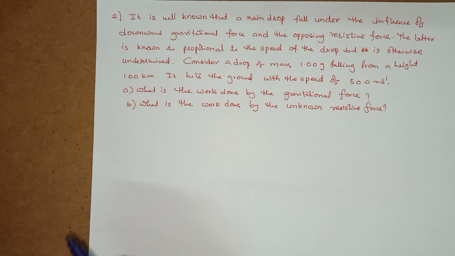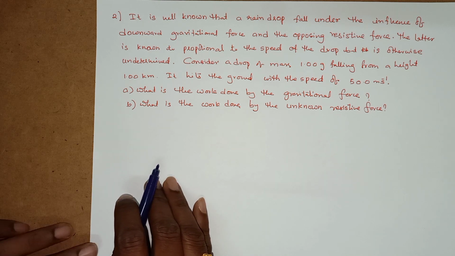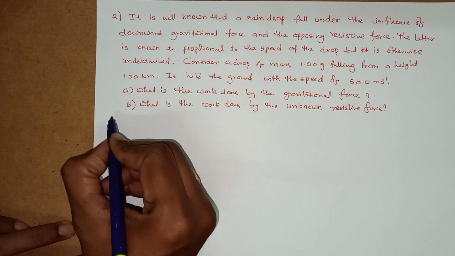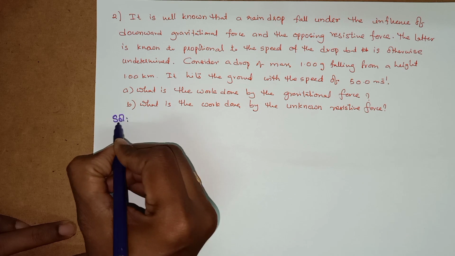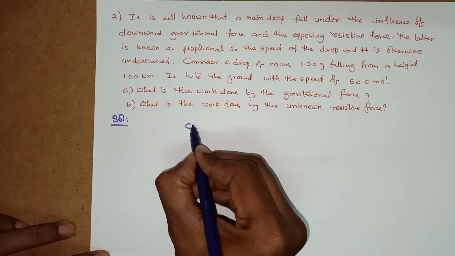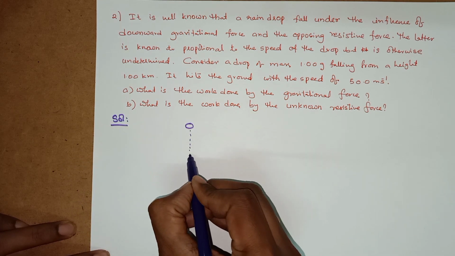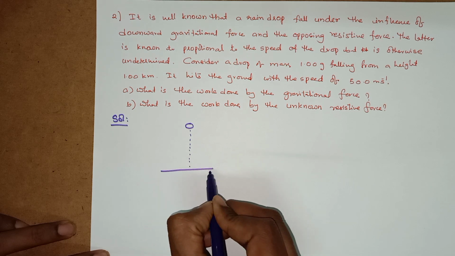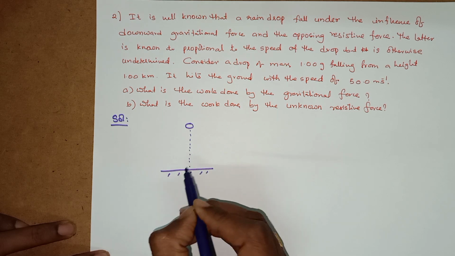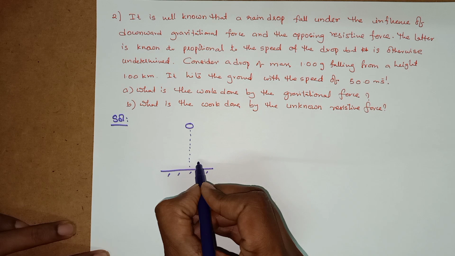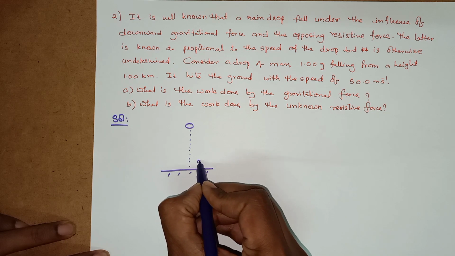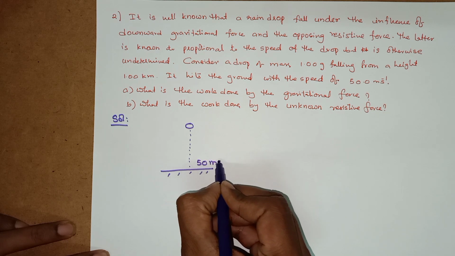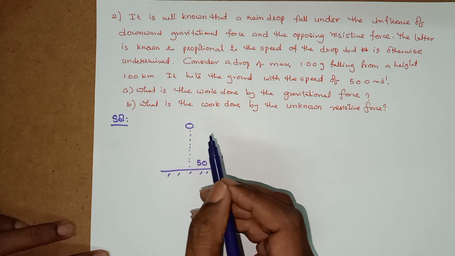First we need to calculate the work done by the gravitational force. See that this is a raindrop which is falling down. This is the surface. While hitting the ground, the speed is 50 meters per second.